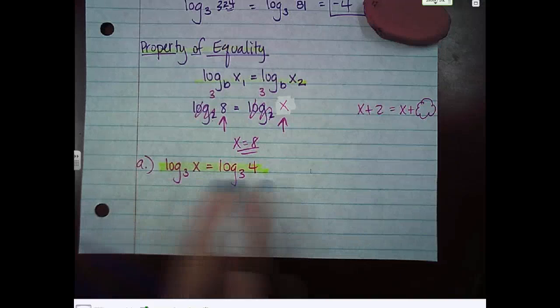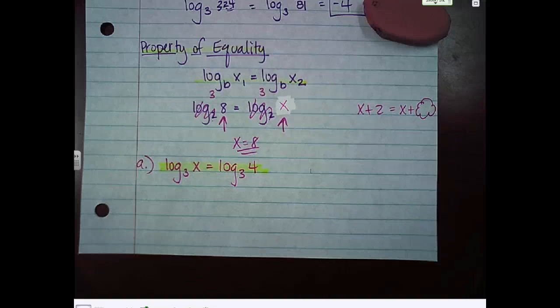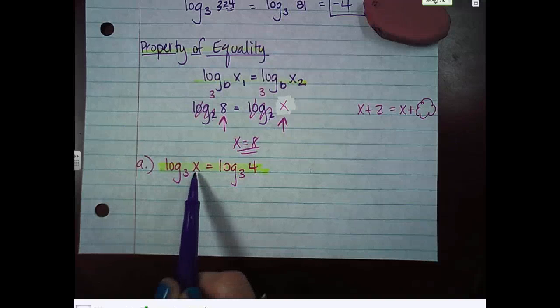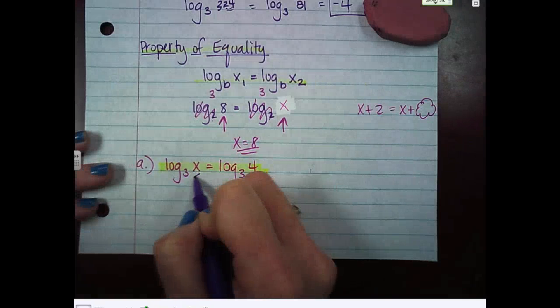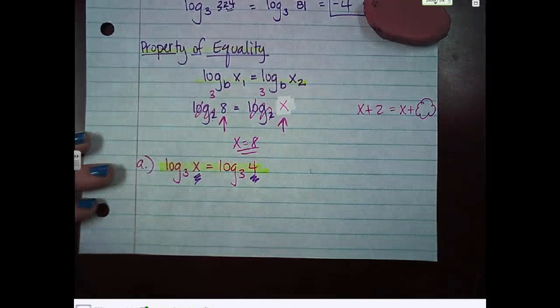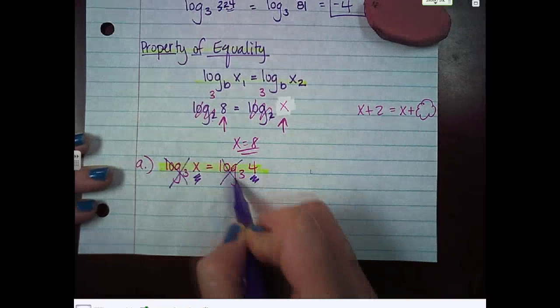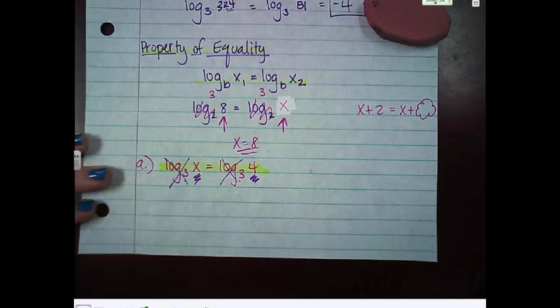If these are the same, they have to match, don't they? So what does x have to be right here? 4. Now I know this is really basic. That means that this value equals this value, but the property only works if the logs have the same base. Okay? So then that means x will equal 4.